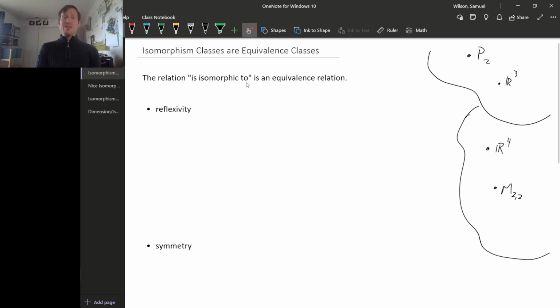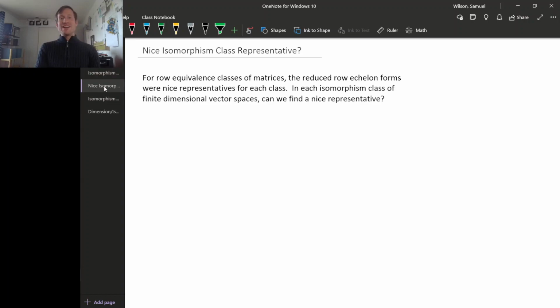And one way to do that is to think, is there a nice representative for each isomorphism class? When we were looking at row equivalence, we saw that each row equivalence class has a single reduced row echelon form matrix in it. And so that reduced row echelon form, in some cases, can serve as a representative for the entire class.